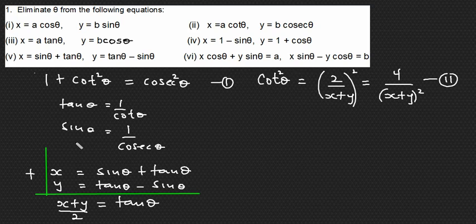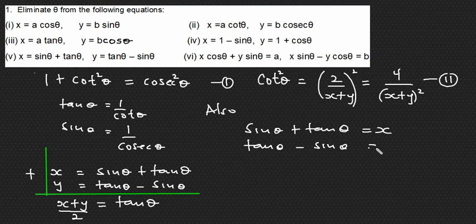Now, what if I subtract these equations? I have sine theta plus tan theta equal to x. Then we also have here tan theta minus sine theta equal to y. So if I subtract these equations, now I'll be getting rid of the tan.